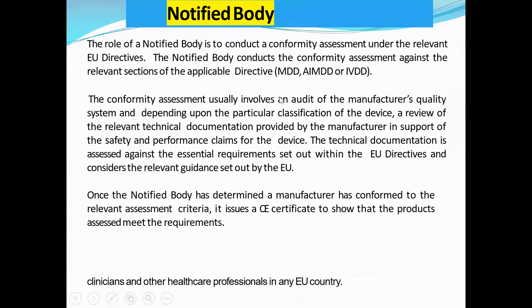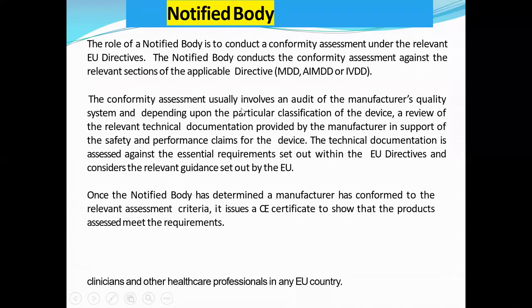Now I want to tell you MDD has changed to MDR now, because this is the old directive. So from 2017 MDD has changed to MDR, and the implementation time is going on. They had given 3 years, but now one more year is extended due to COVID. We will speak about it in the next session when we talk about the European system separately.